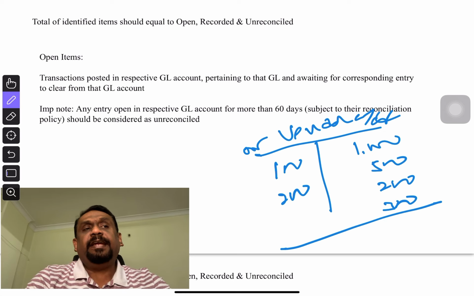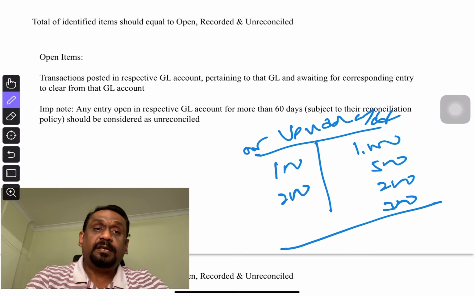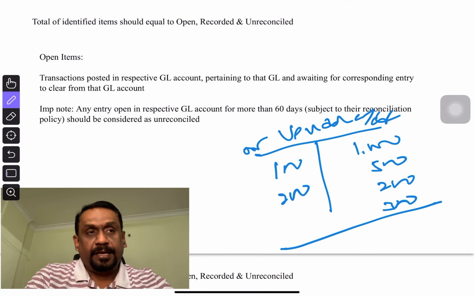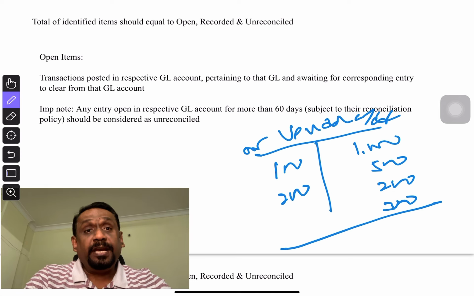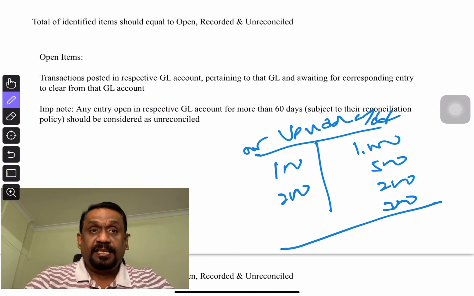Those identified items have to be classified into three categories. What are those three categories? Open item, recorded item, unreconciled item. Let me repeat again. When we perform the reconciliation, we identify some of the transactions yet to be cleared, yet to be paid.